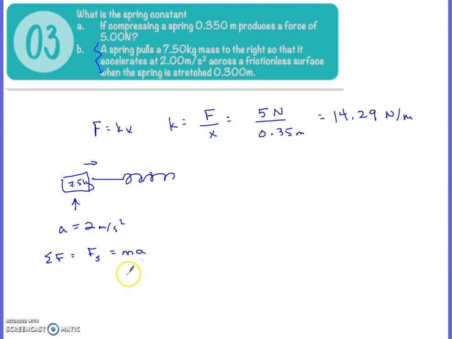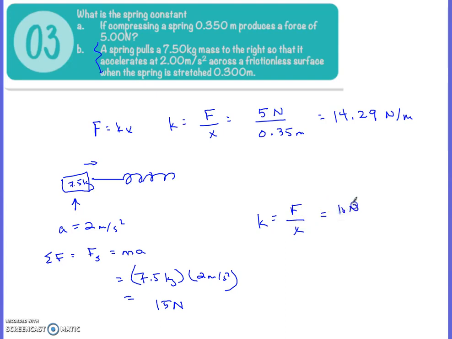And so the spring force is just going to be equal to ma, and that's going to be 7.5 kilograms times 2 meters per second squared, and 7.5 times 2 is 15 newtons. So now the spring constant equals F over x, and the force that the spring exerts on the object is the same as the force that the object exerts on the spring.